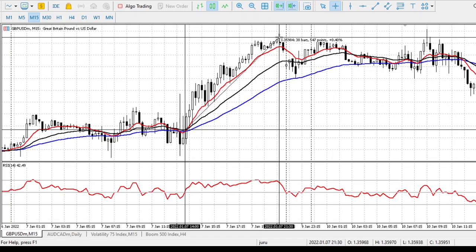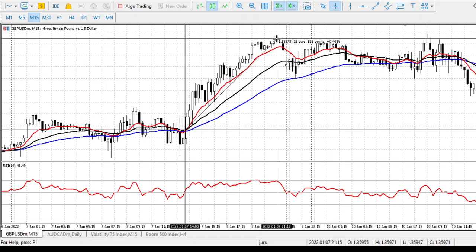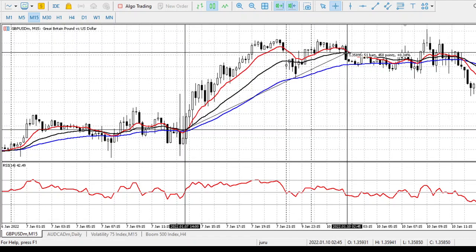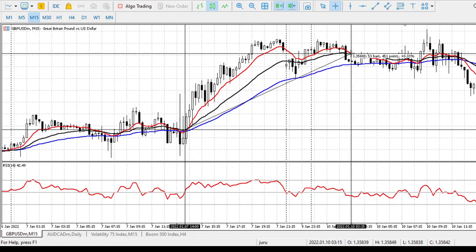So in this case, you can exit here, bagging 53 pips, which is not bad at all. And if you were to wait again, you could have bagged 41 pips. Again, it is not bad.